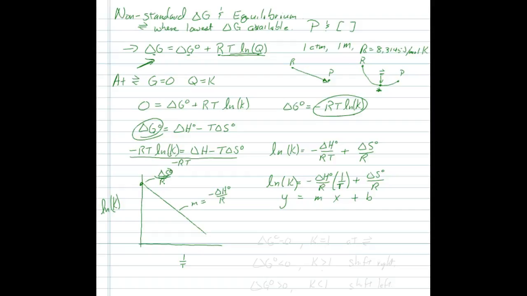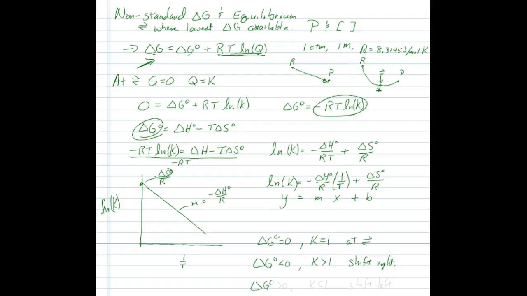But the summary that you do need: if delta G naught is equal to 0, then K must be equal to 1, and you are at equilibrium. If delta G naught is less than 0, or negative, K must be greater than 1, and it will shift to the right.